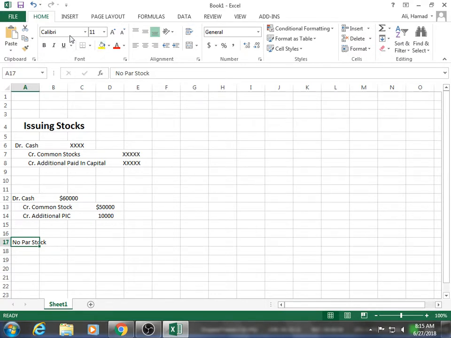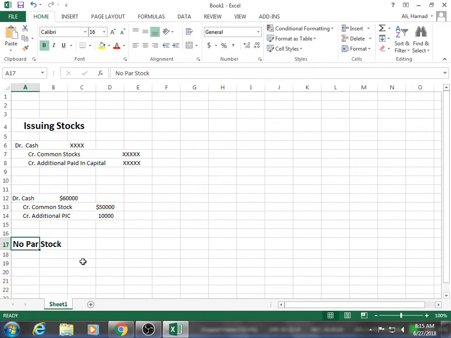No par stock still has a stated value. It doesn't mean it has no value. Let's say on January 1st, 2014, RIXU issues 5,000 shares of no par common stock at $15 a share.